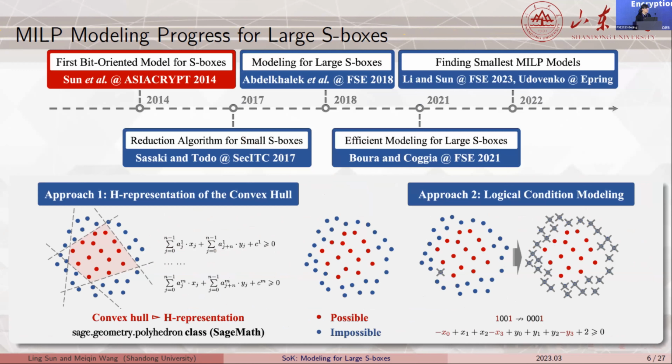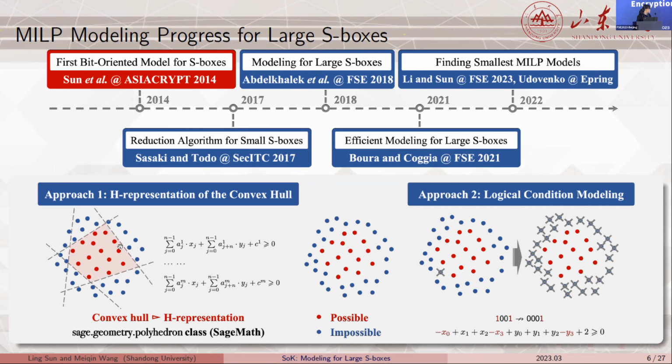Sun et al. proposed the first bit-oriented model for S boxes. So if we want to create a model for the star DDT, we can use linear inequalities to represent all possible propagations or remove all impossible propagations. These two ideas correspond to two approaches.